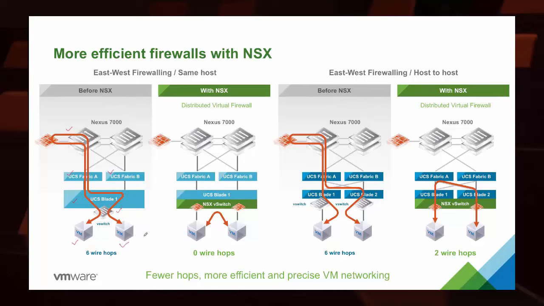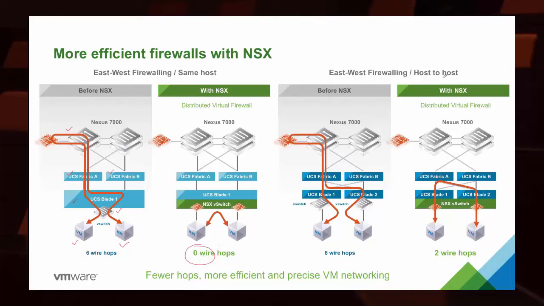So we'd be looking at about 6 hops. With NSX, however, if it's on the same host, we're looking at 0 hops. The reason is that the virtual tunnel endpoint lives inside of that host, and that's where the firewall is going to exist. So the machine is able to access that firewall, the firewall will protect the traffic, and it all happens without ever having to touch the fabric and the top of rack. So it's going to be a lot faster.